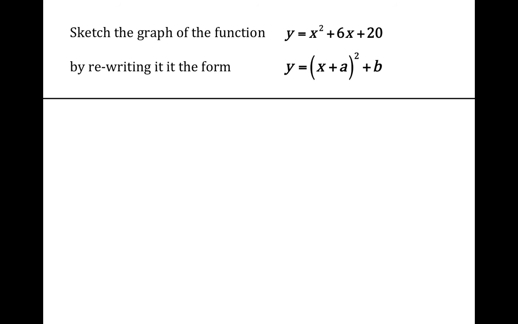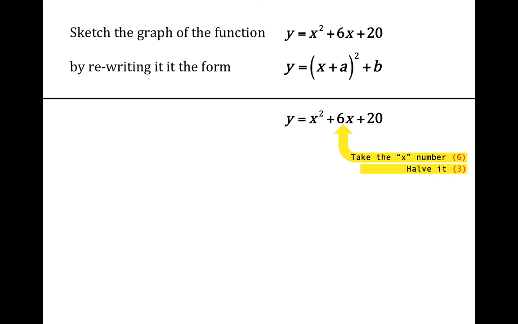Well, these properties help us to solve exam questions like this one. Sketch the graph of the function y equals x squared plus 6x plus 20 by rewriting it in another form. So let's think about x squared plus 6x plus 20. We're going to start by taking the coefficient of x, which is 6, and we're going to halve it to get 3.